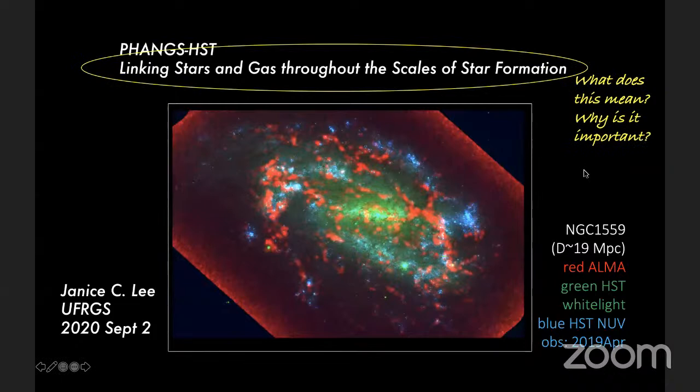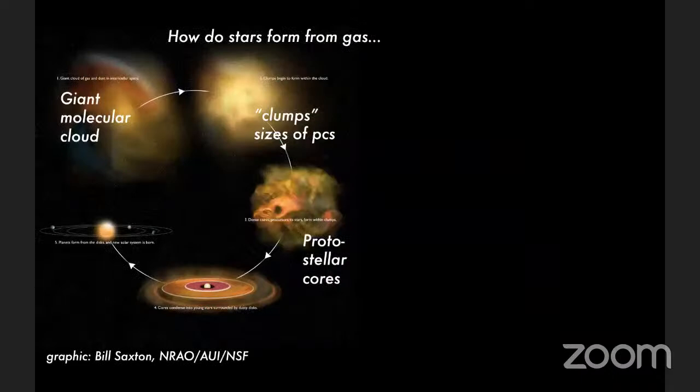and talk about why it's important to link stars and gas throughout the scales of star formation. And what does this even mean when I refer to the scales of star formation? Now, ultimately, a major goal of astrophysics is to be able to answer the basic question, how do stars form from gas?